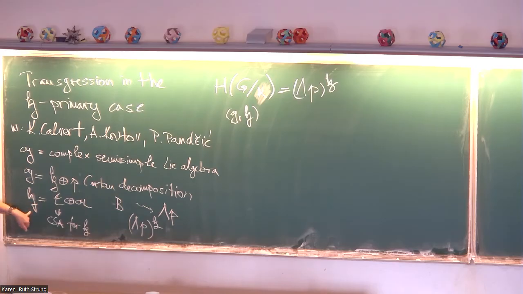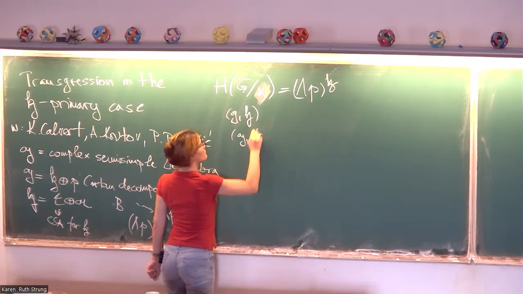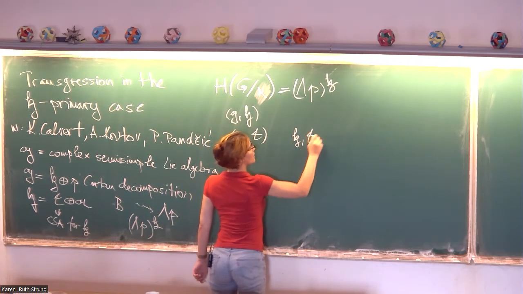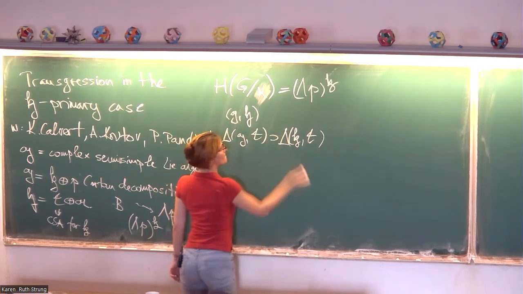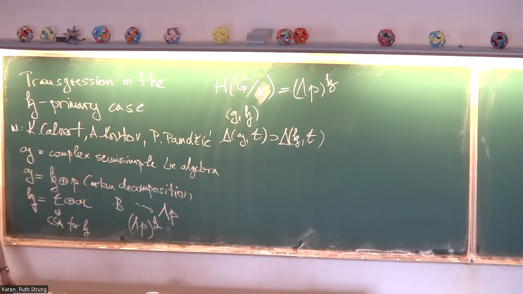So I'm not taking this Cartan subalgebra for G, but I'm going to be looking at it with respect to this smaller subalgebra. So this Cartan subalgebra of K. So the roots I'm interested in will be GP and KT. And of course, these roots are inside of these roots.